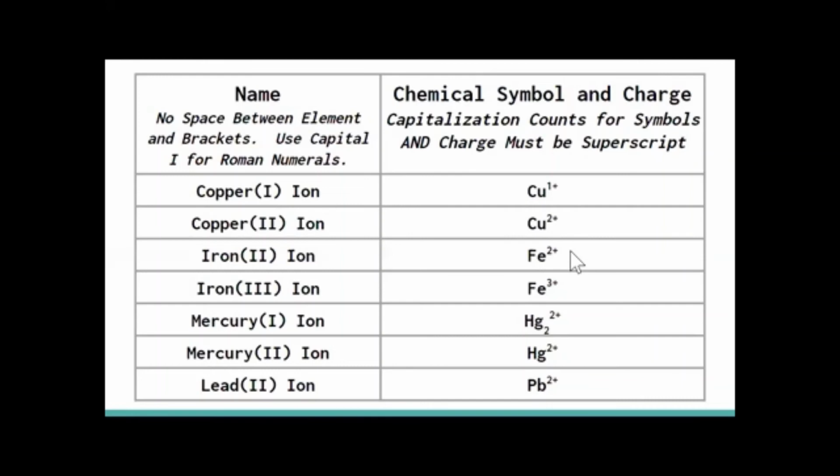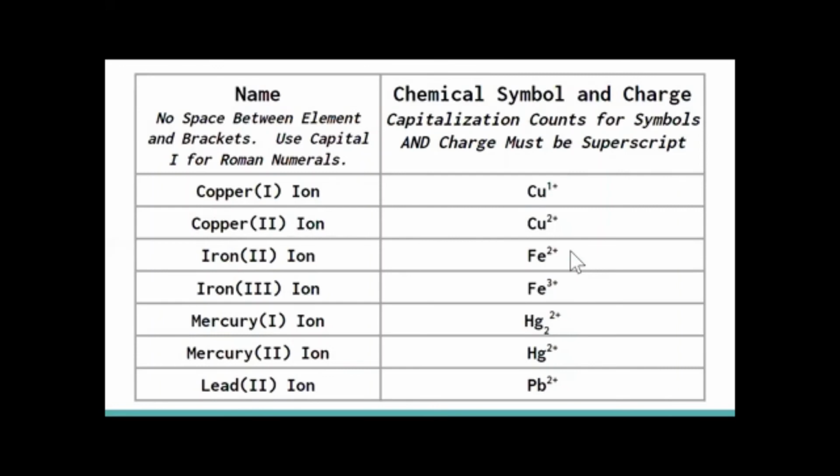What does matter, as always, is the capitalization of chemical symbols and making sure the charge is superscript, the number and then the charge, so 1 plus, 2 plus, 3 plus. So let's start. Copper(I) ion, and yes, you do have to write the word ion.